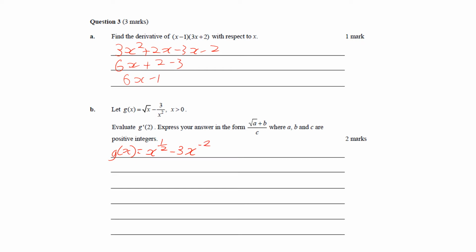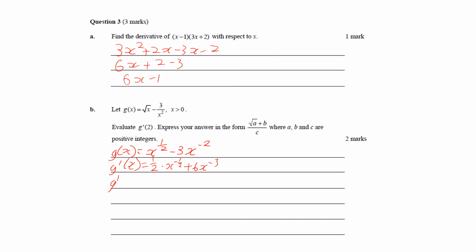And so when I differentiate this, I'll get g dashed x is going to be equal to 1/2 times x to the power of negative 1/2 plus 6x to the power of minus 3. So this is my g dashed of x, but I need g dashed of 2. So g dashed of 2 just comes from substituting x equals 2 in.